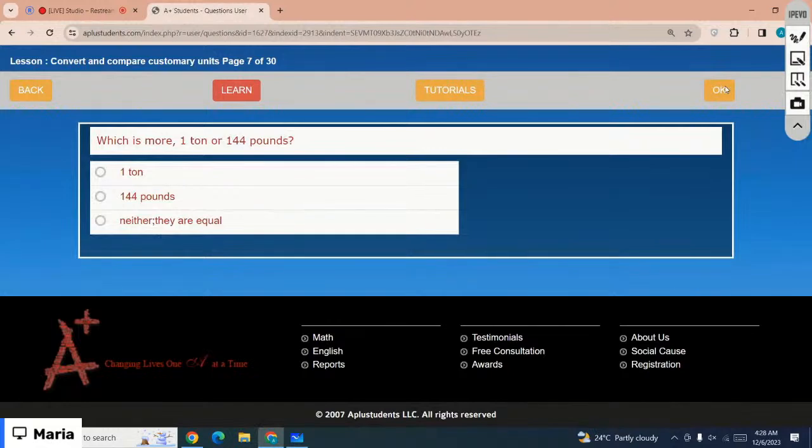Okay, which is more, 1 ton or 144 pounds? Which is the correct option? Yes, obviously, 1 ton is more.